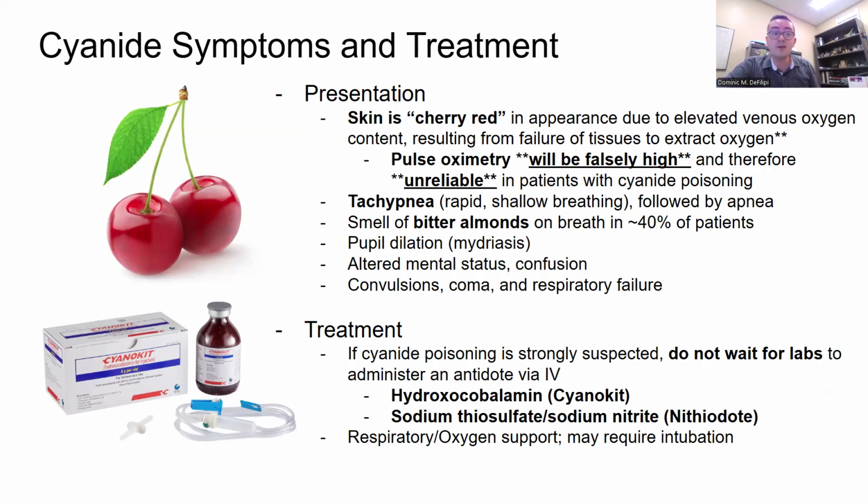In fact, your skin turns a cherry red, like a deep, deep red in appearance. You get very, very flushed due to elevated venous oxygen content resulting from the failure of the tissues to extract oxygen. So the way that cyanide poisons you is it latches on to the oxygen within the blood, and it prevents your cells from undergoing cellular respiration.